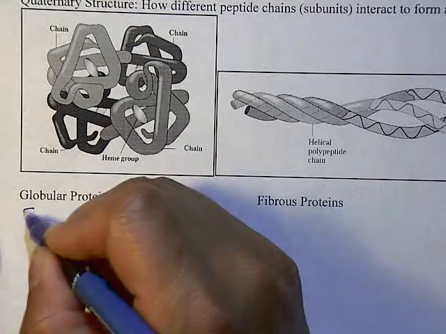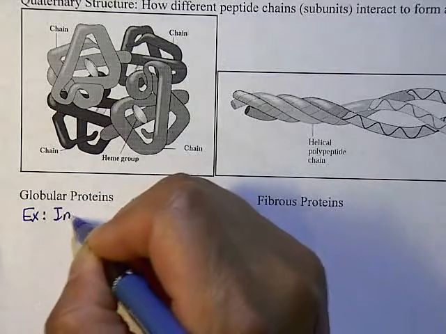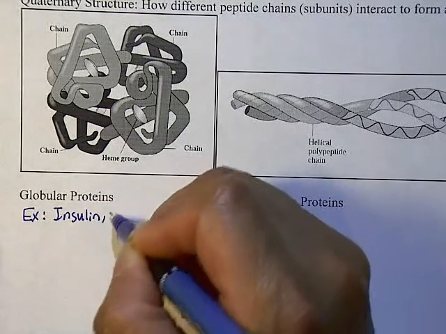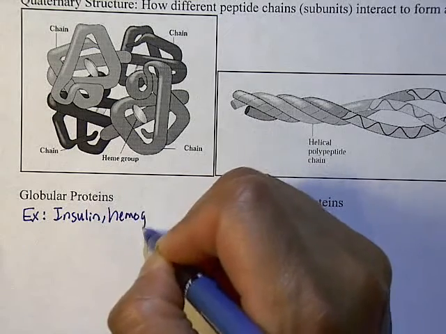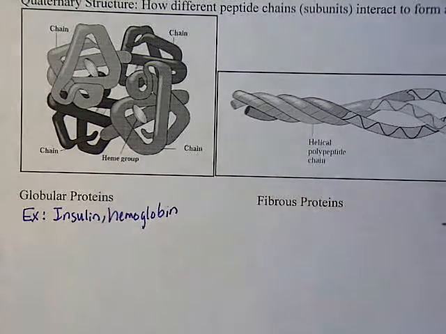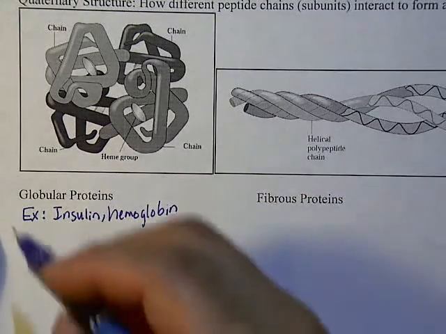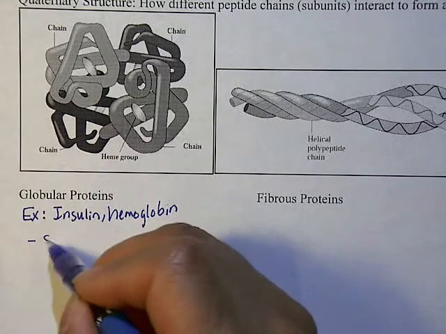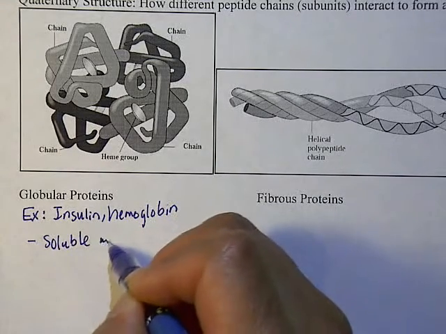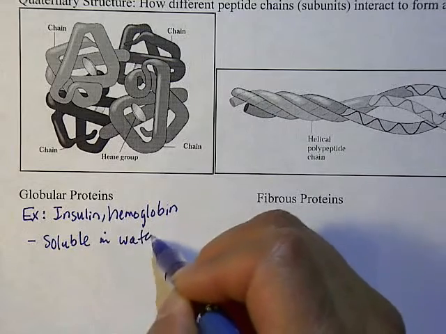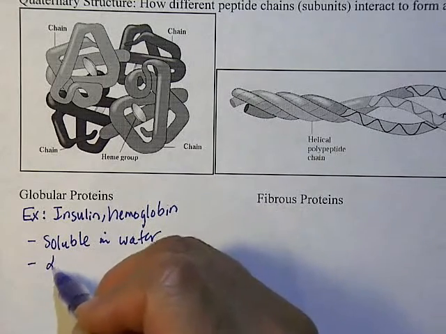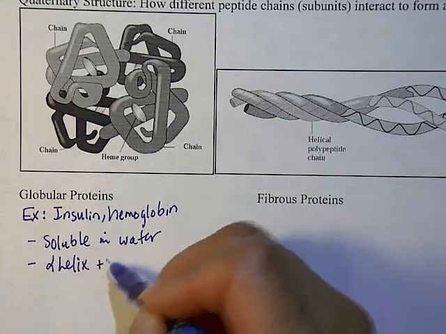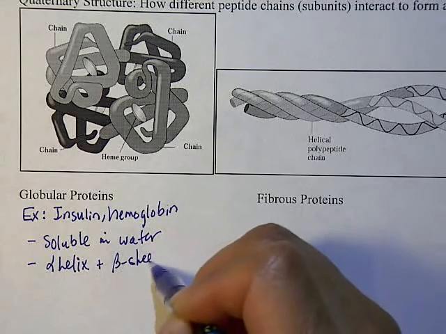And that belongs to a type of proteins called globular proteins. Examples of globular proteins are insulin and hemoglobin. They tend to be soluble in water, and they tend to have alpha helices and beta sheets present.